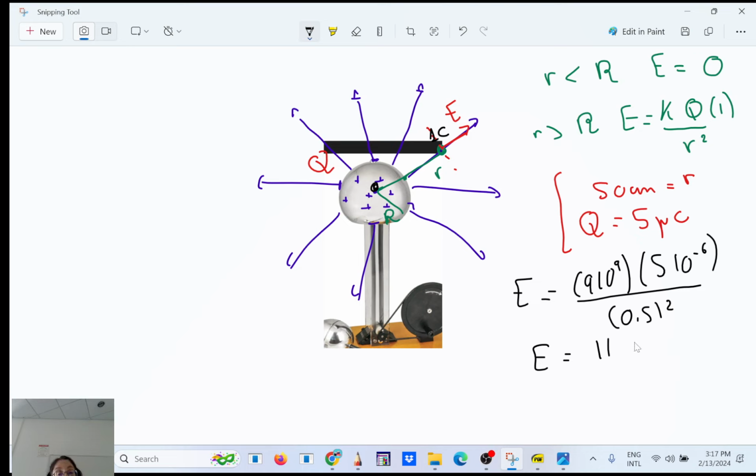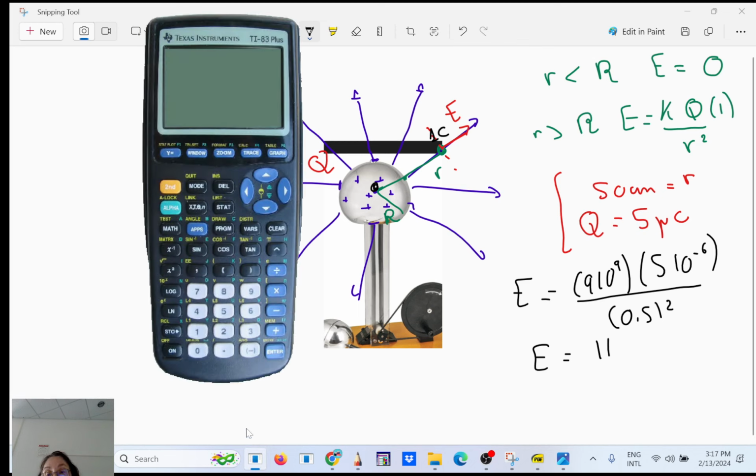I made a mistake. 1.8 times 10 to the 5? Okay, let's see. 9 times 10 to the 9 times 5 times 10 to the negative 6 divided by 0.5 squared. That is 1, 2, 3, 4, 5.